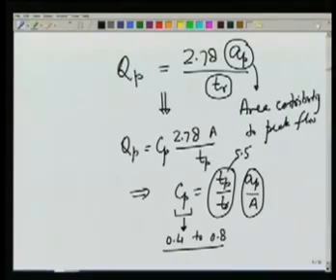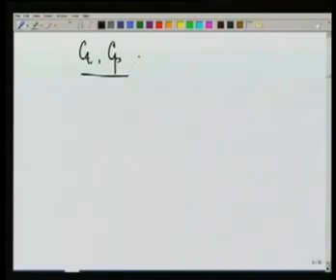So once we have the value of CP and CT, so we have obtained these values from B, and now we can use these values at A to derive a unit hydrograph for any desired duration TR.